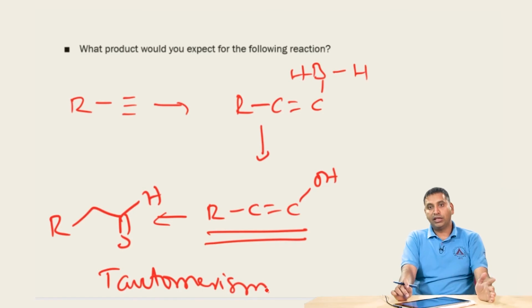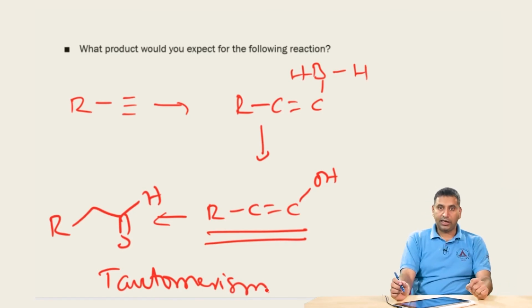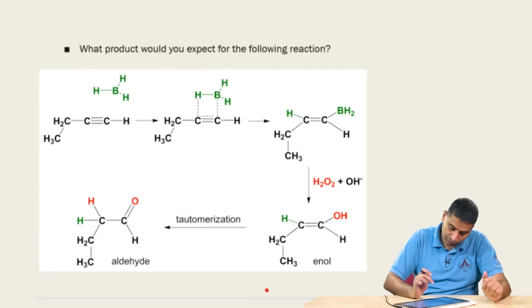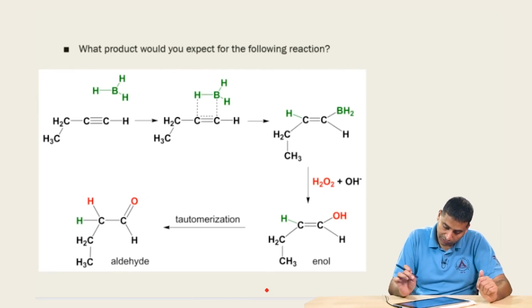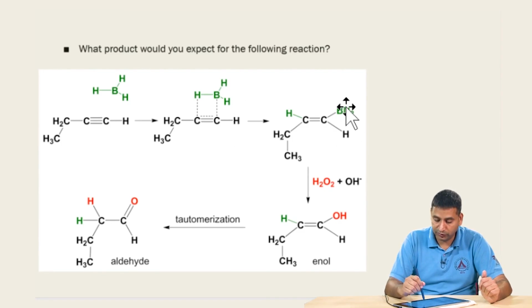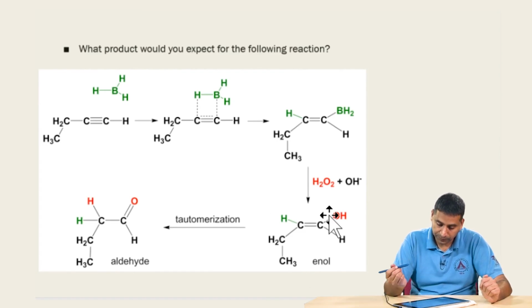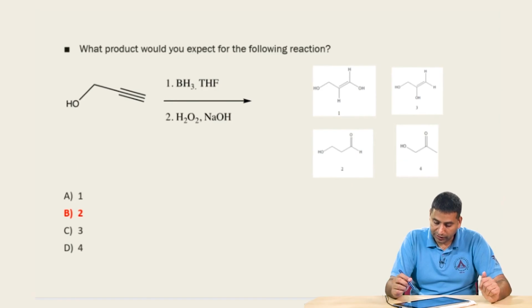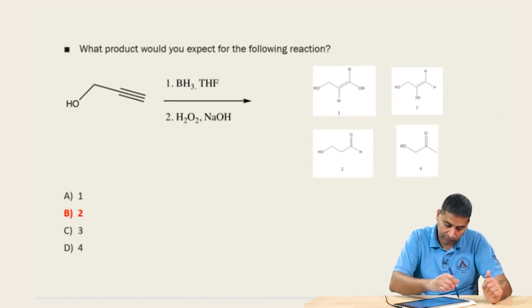Therefore, what we would expect is that addition of BH2 to an alkyne would give you an aldehyde. If you look at the solution as shown here, you would first form the addition of BH2 here, giving you this borane, and then this borane further undergoes oxidation to give you the enol, which will tautomerize to give you the aldehyde. So, the correct answer here would be the product as shown in this, which is 2.